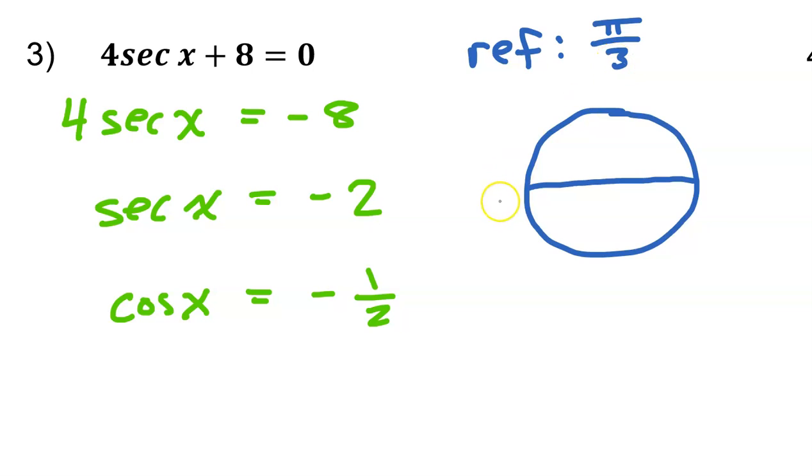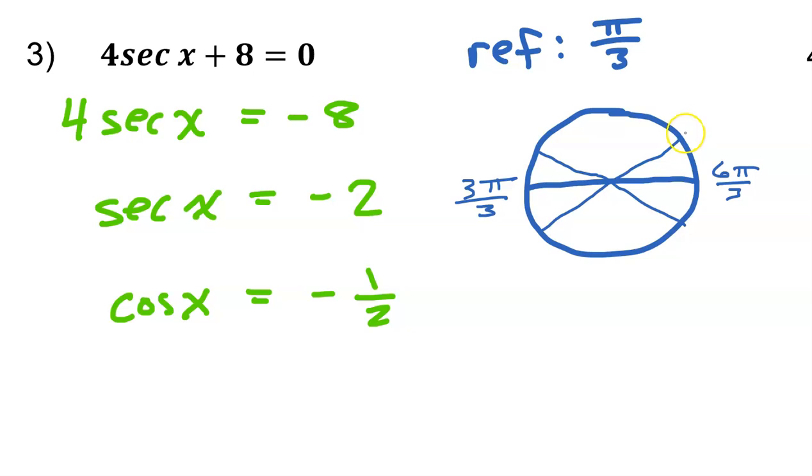In terms of the reference angle, we can think of pi as 3 pi over 3, and we can think of 2 pi as 6 pi over 3. So there are 4 angles that have a reference angle of pi over 3. There's one in each quadrant.